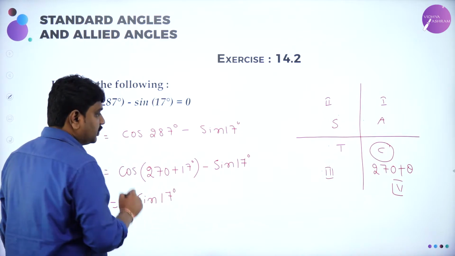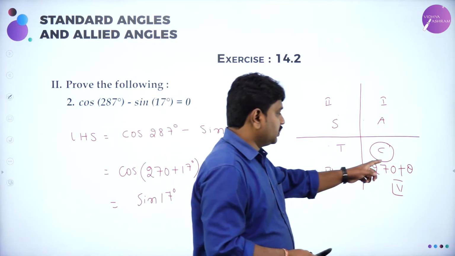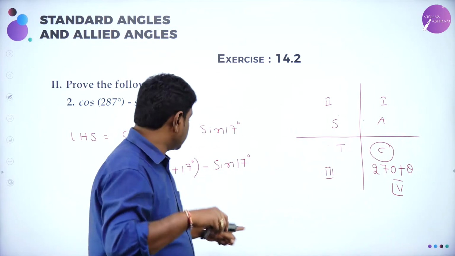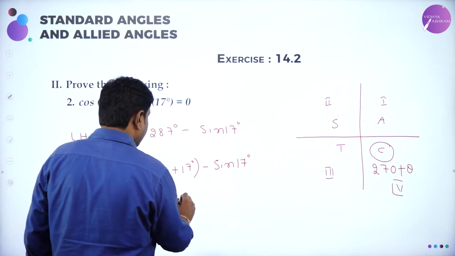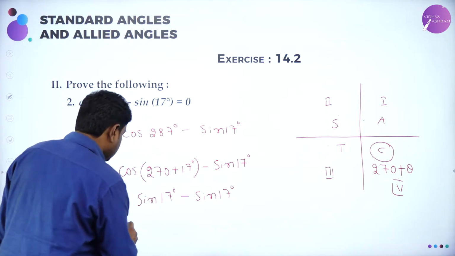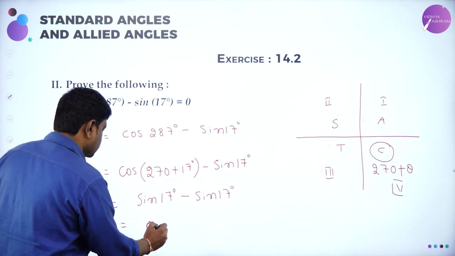But here positive sin 17, because 270 plus theta lies in fourth quadrant. If your question is cos, the answer is positive. Positive sin 17 minus sin 17. Now, sin 17 minus sin 17 becomes 0. This is your RHS, hence the proof.